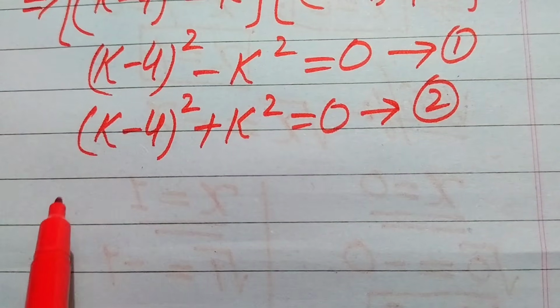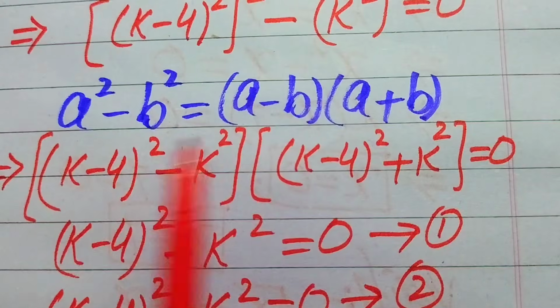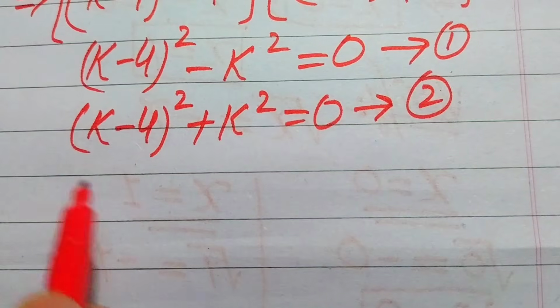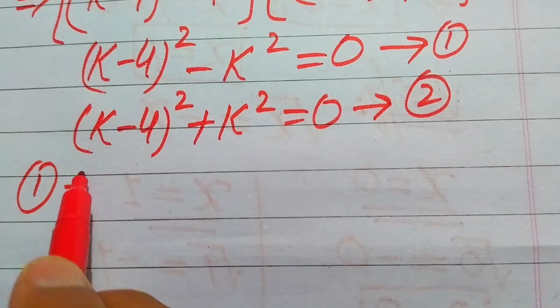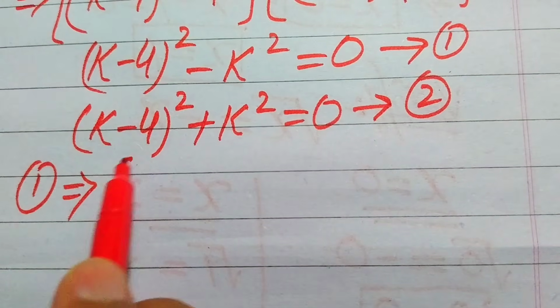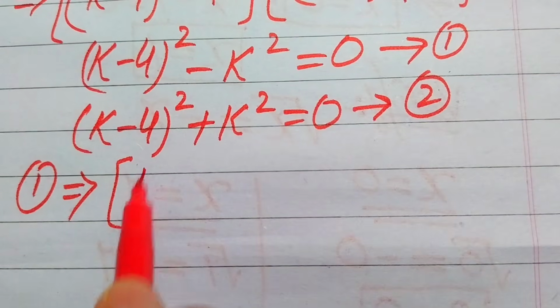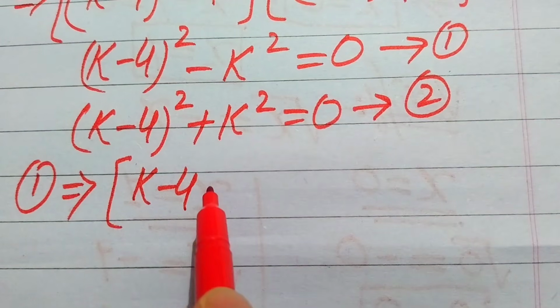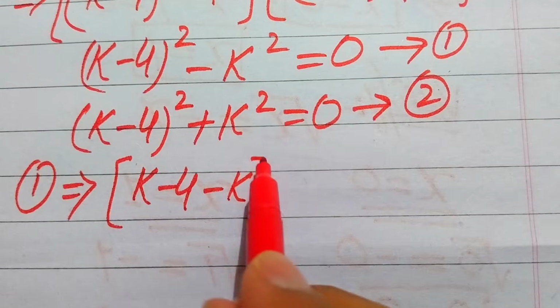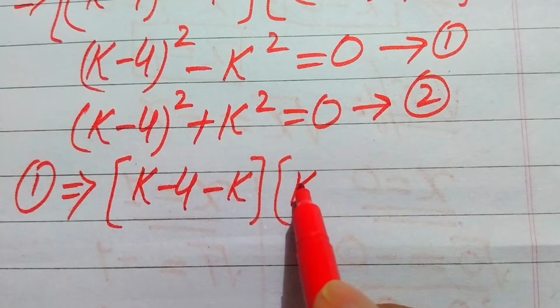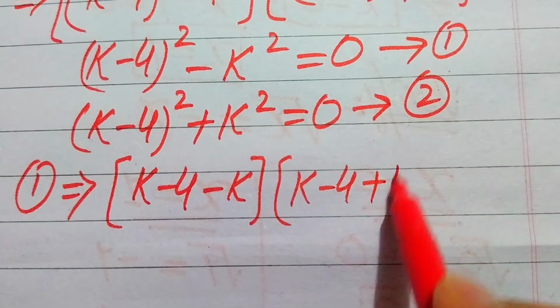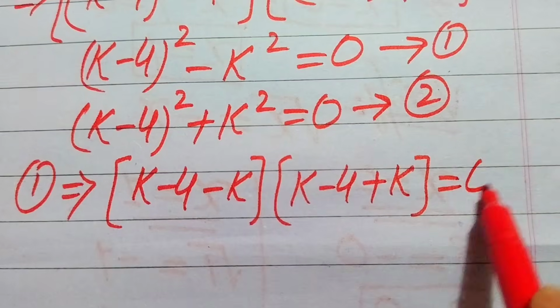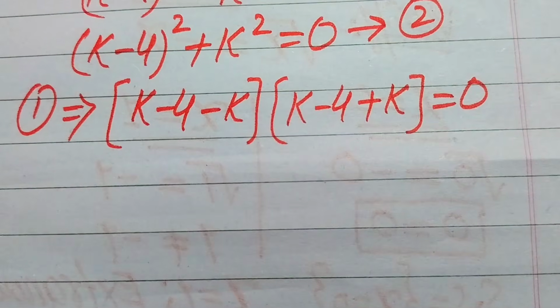First we apply this formula to equation number 1, which implies that after applying the formula, this will be written as (k - 4 - k)(k - 4 + k) = 0.